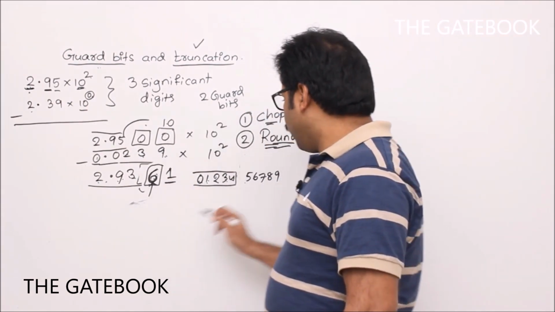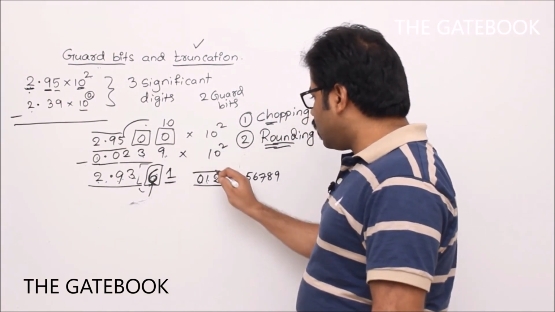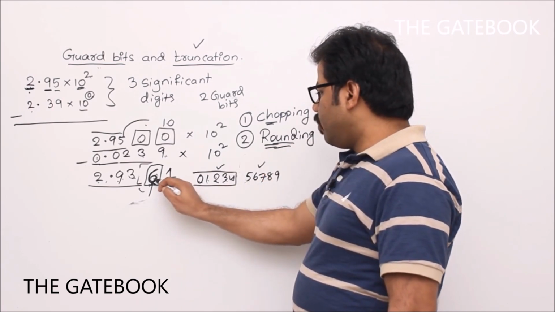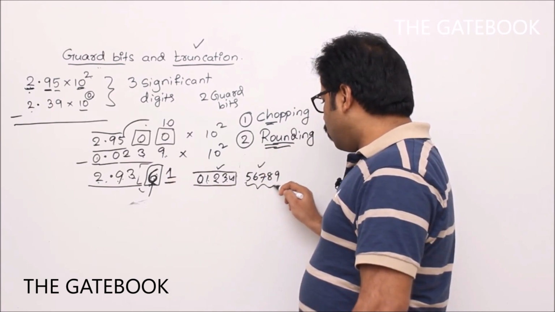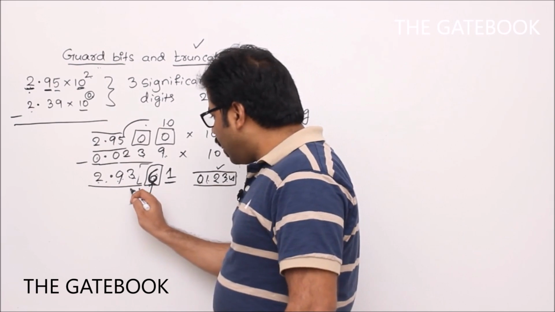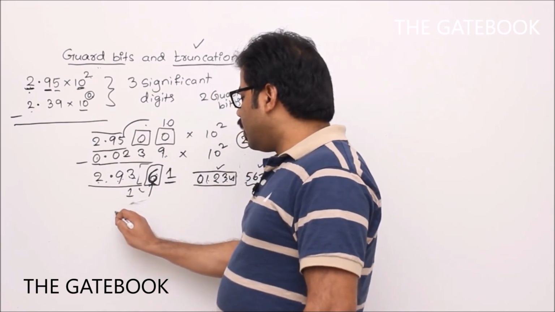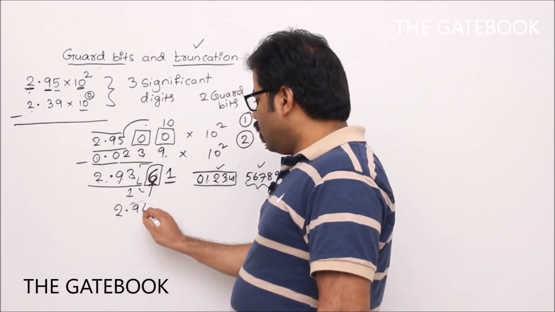Because it is 6, which is greater than or equal to 5, if it comes in this group, we add +1 here. Then the result will become 2.94.